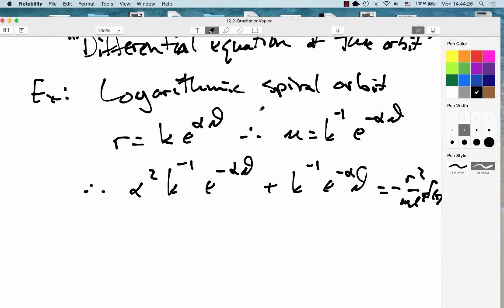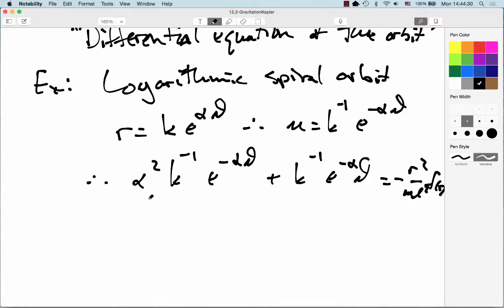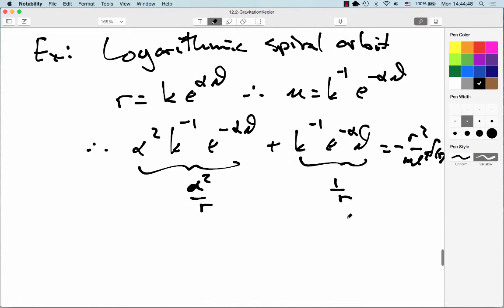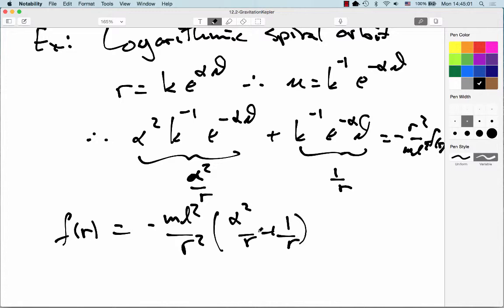All right, now if I look at this, I recognize this much here as alpha squared over r, and this much here is just plain 1 over r. So I can solve for my force law. My force law, f of r, will be equal to minus m L squared over r squared times alpha squared over r plus 1 over r.